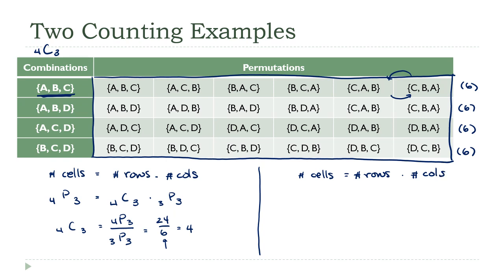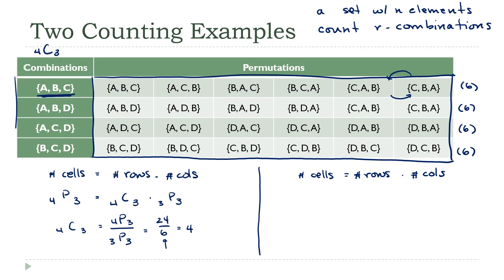So I'm going to assume we have a set with n elements, and we want to count the r combinations. Those will be the number of rows again. So the number of rows is going to be n choose r. That's the thing we're trying to find.